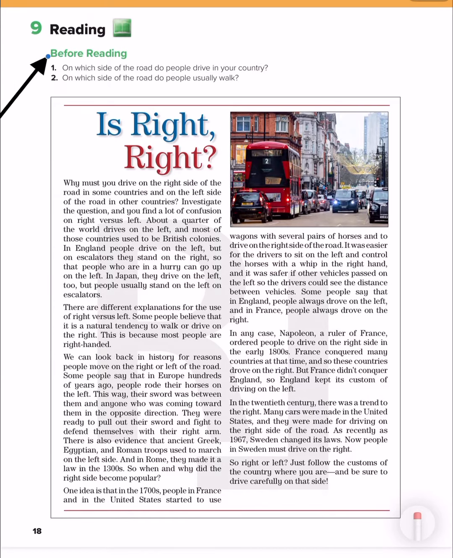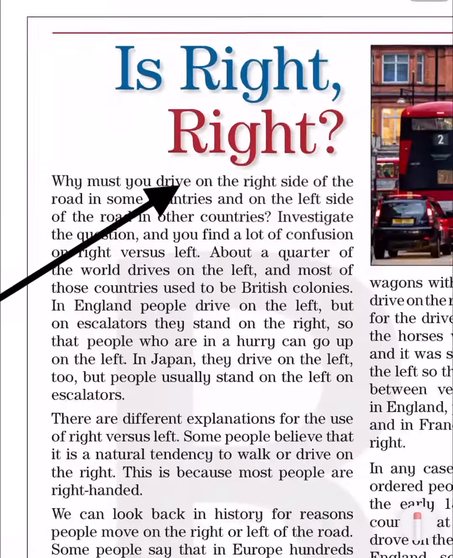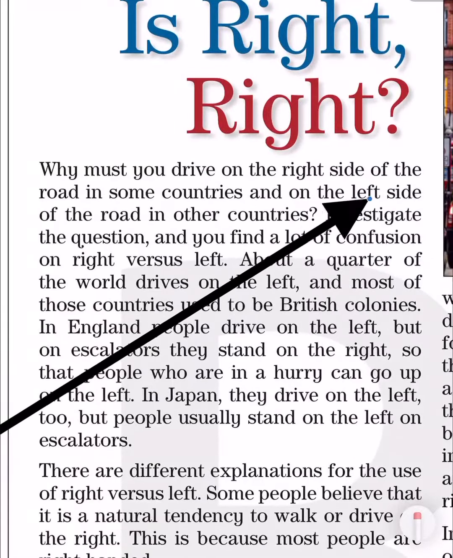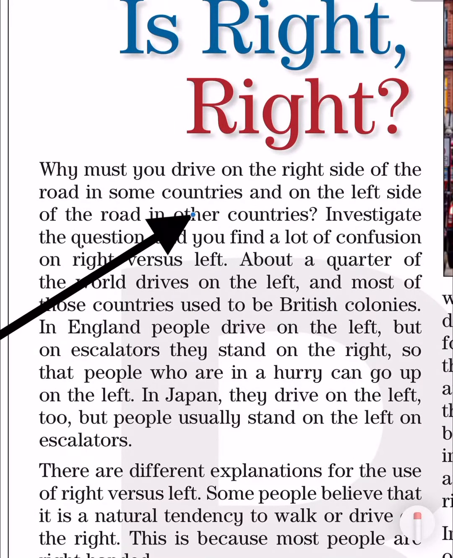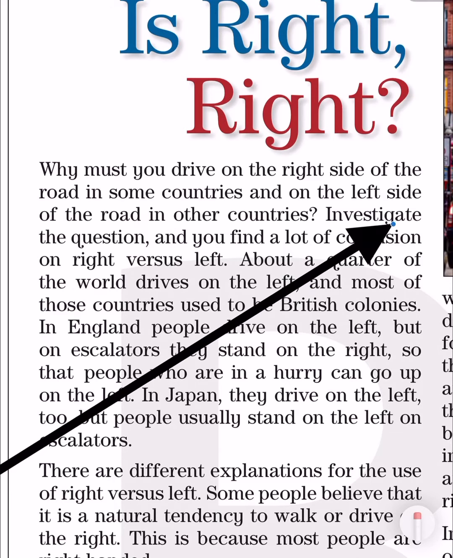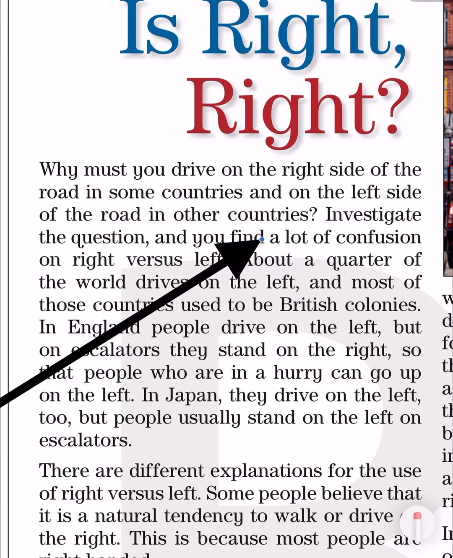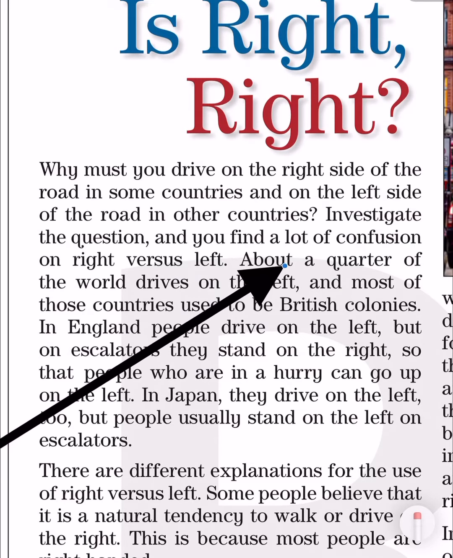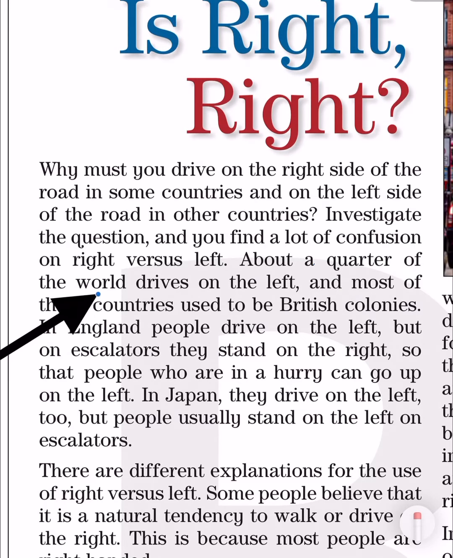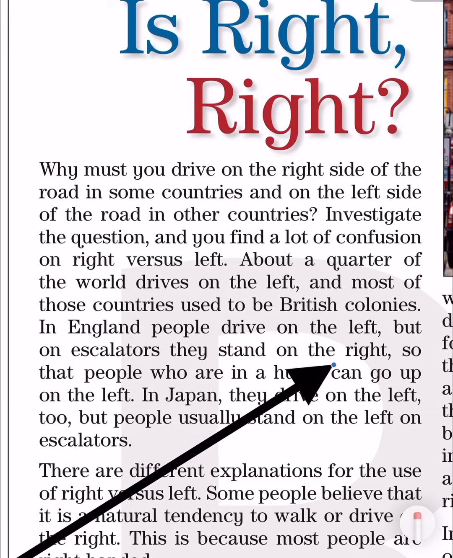Reading. Is right right? Why must you drive on the right side of the road in some countries and on the left side of the road in other countries? Investigate the question, and you find a lot of confusion on right versus left. About a quarter of the world drives on the left, and most of those countries used to be British colonies.